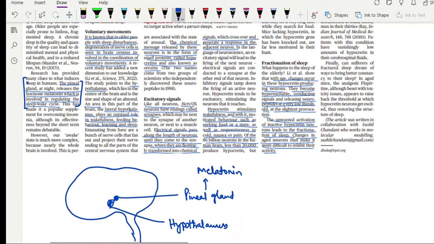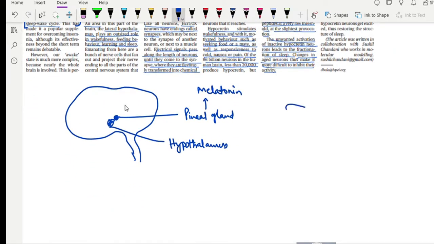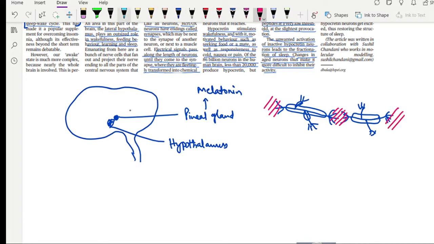Now let's see how nerve cells conduct. Say this is a nerve cell, and this is another nerve cell. What happens is that there is a chemical linkage between these two nerve cells. There's a chemical linkage here also, to other nerve cells. Now how would a signal pass through it?